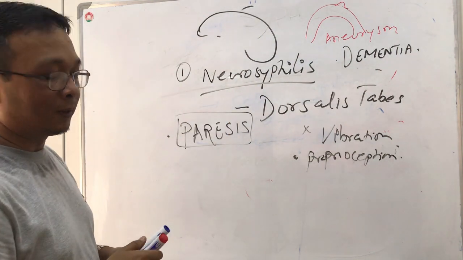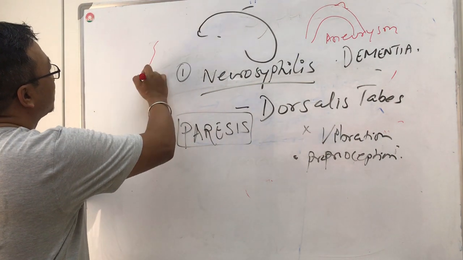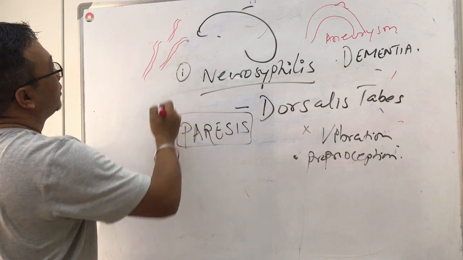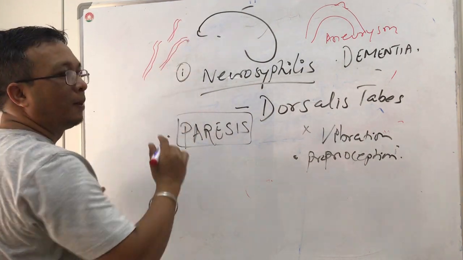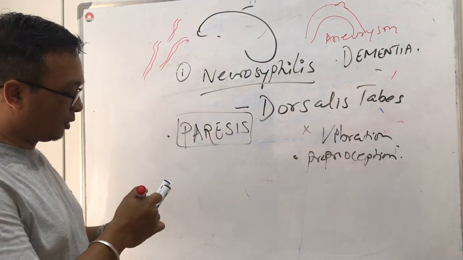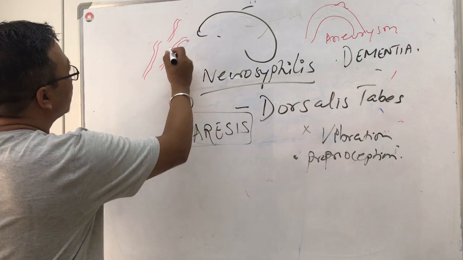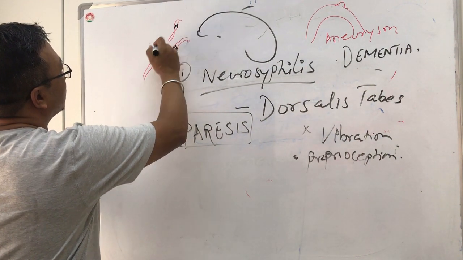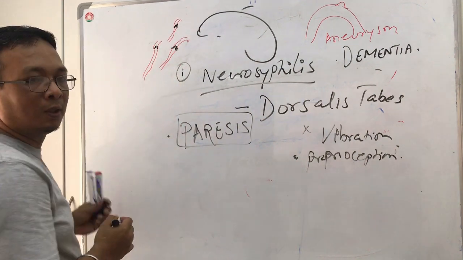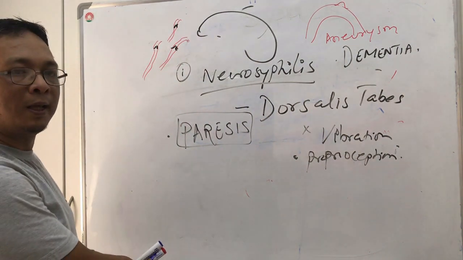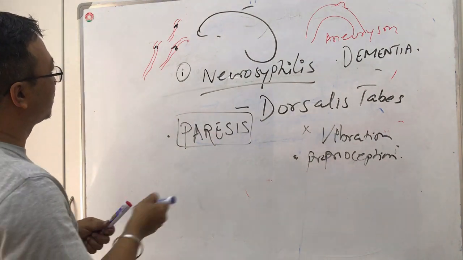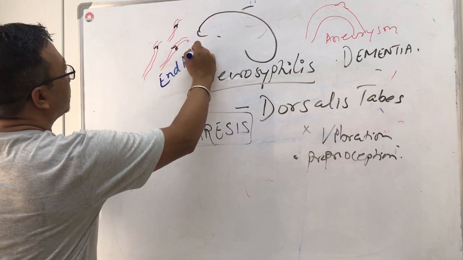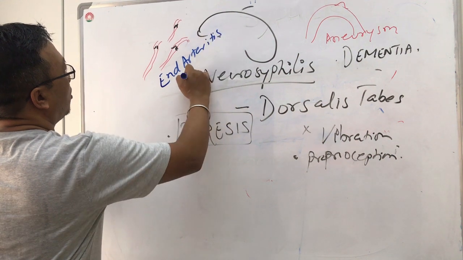And next, the small blood vessels present in the skin may be blocked because of perivascular inflammation. When the small vessels are blocked because of perivascular inflammation, we call that end arteritis obliterans.